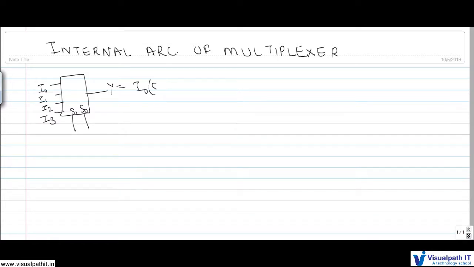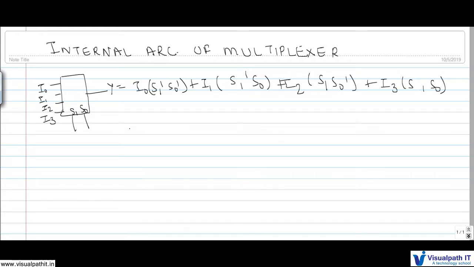So the output is I0 S1 dash S0 dash, or I1 S1 dash S0, or I2 S1 S0 dash, or I3 S1 S0.